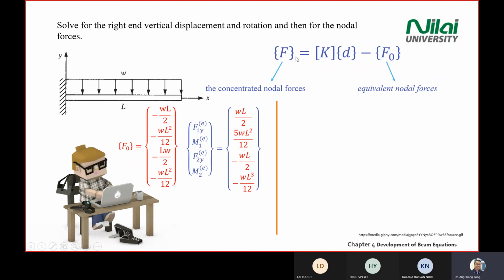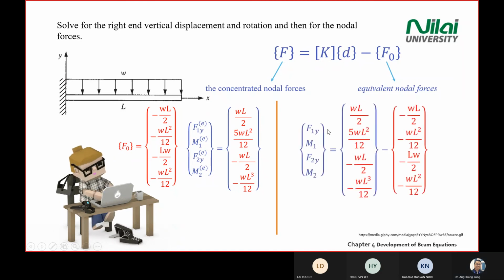So you will have this component, you only have one unknown left for this matrix. For F1y, you take this one minus this one. What you solved just now, minus. Be careful that you have a minus sign over there.